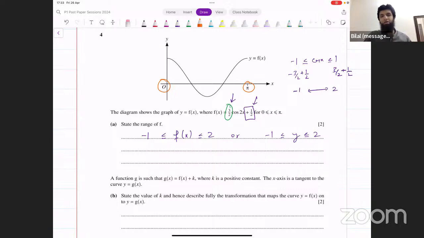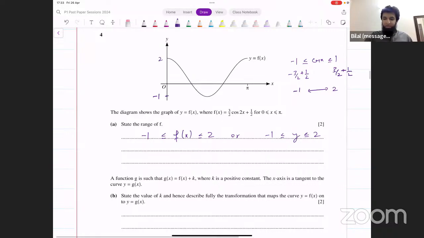Use a step of pi over 8 on your table and see what's the lowest value of y in that table, what's the highest value of y in the table. You will see that the lowest value will be -1 and the highest value will be 2. You can write the range using those lowest and highest values. Okay? All right, so this is what we get in the first part, the range of f. So now we know that the graph is starting from -1 here and it's going up to 2.